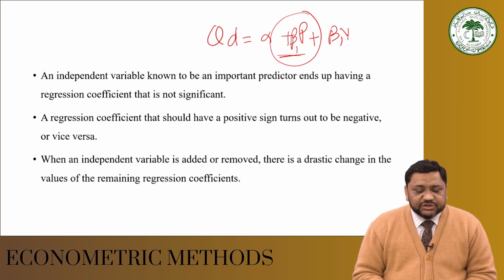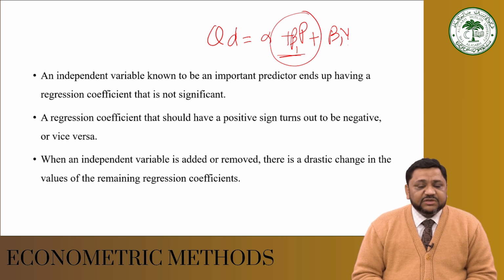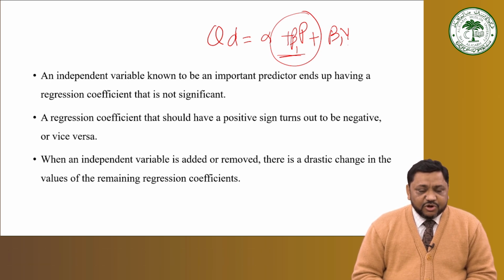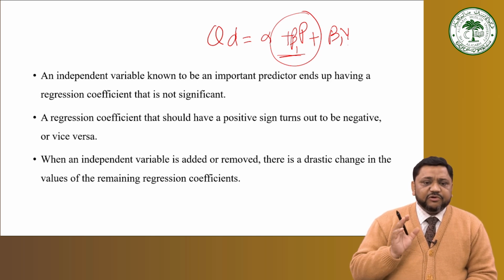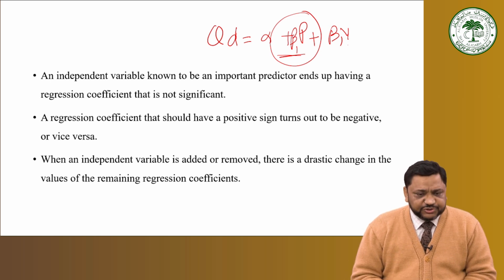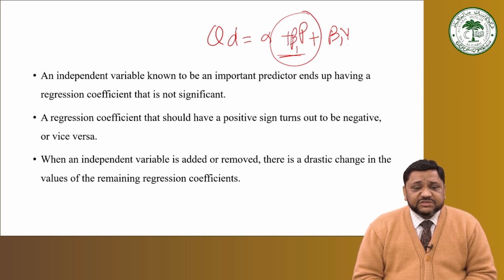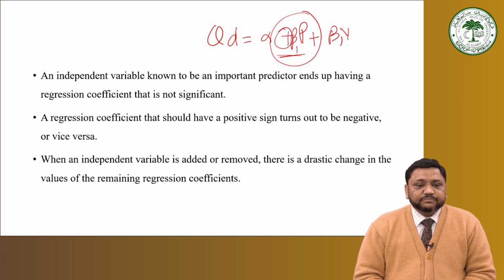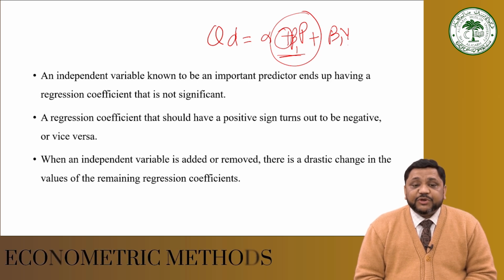But when this relationship is not significant, some problem is there. Or the sign: we all know that for a normal good, when price increases, quantity demanded decreases, so there is an inverse relationship. But our beta 1, the coefficient of price, has a positive sign. If things like these happen, then we can say that there is some issue.